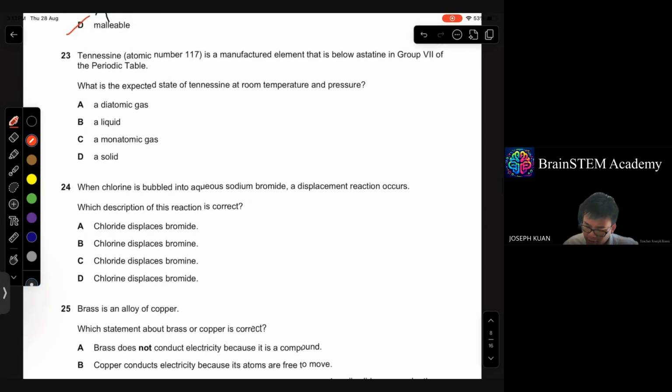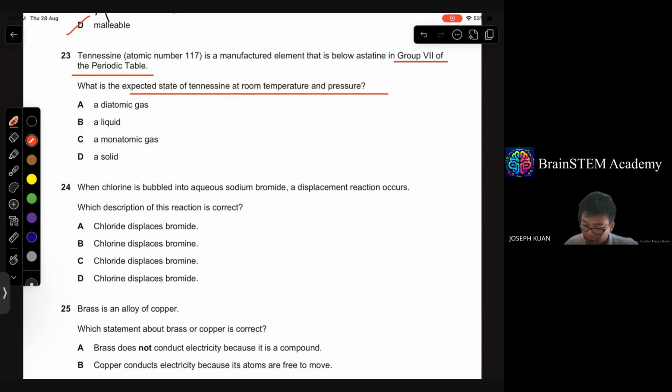Next, tennessine, atomic number 117, is a manufactured element that is below astatine in group 7 of the periodic table. What is the expected state of tennessine at room temperature and pressure? Now, going down group 7, the melting point and boiling point increase, as we can see from examples like fluorine, chlorine, bromine, iodine, and tennessine.